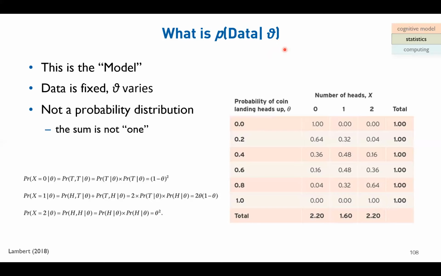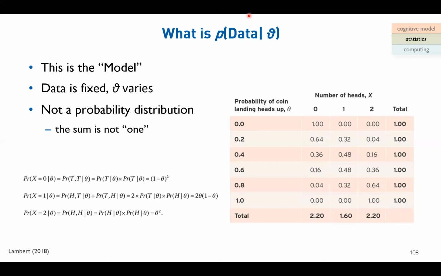Okay, good. To make it clearer, some statisticians and researchers realized this confusion. They changed the term of likelihood, not the name, but how to express it in an equation. Sometimes you see in the literature a capital L of theta given data.